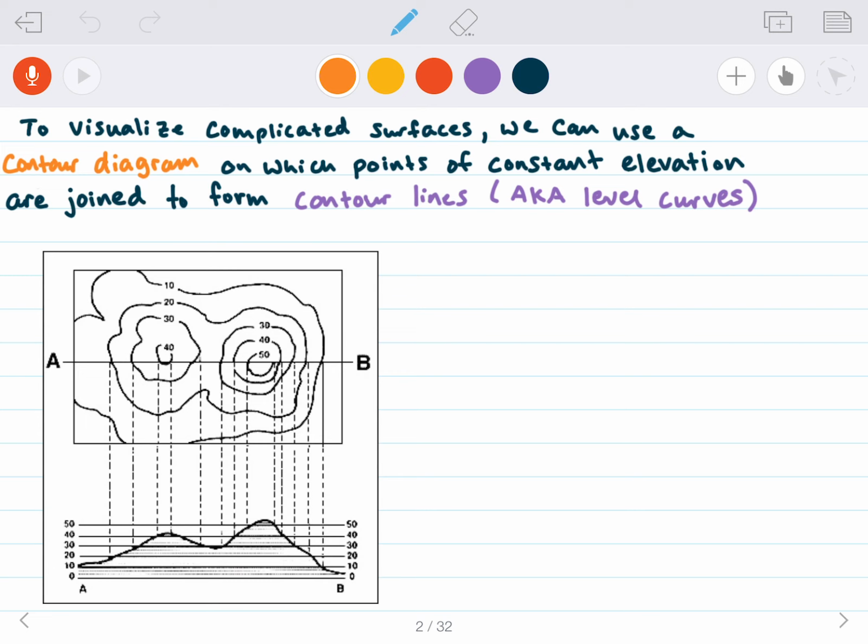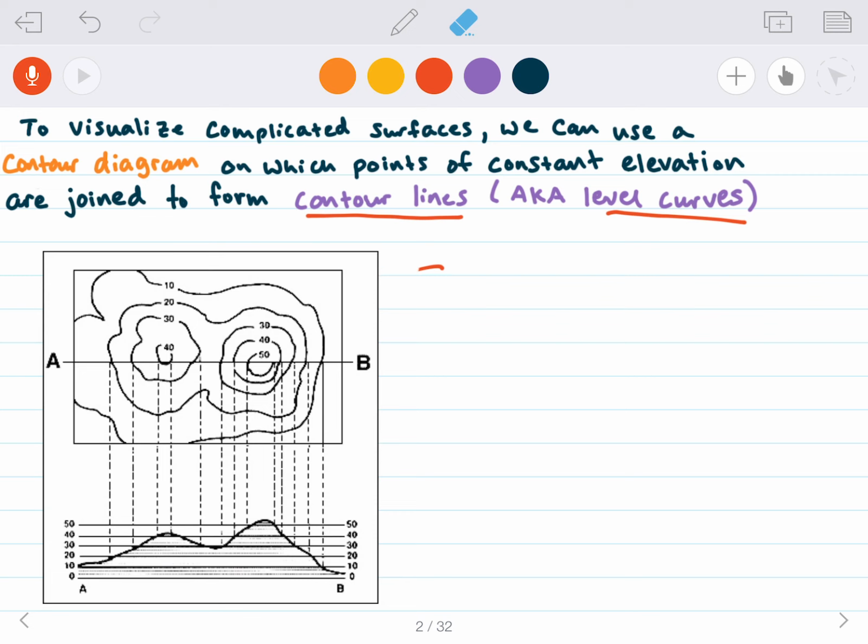So to visualize complicated surfaces, we can use a contour diagram on which points of constant elevation are joined to form contour lines. I'm going to be using these two terms interchangeably, contour lines and level curves. Basically what that means is anything that is on one of these circles in this diagram has the same height.